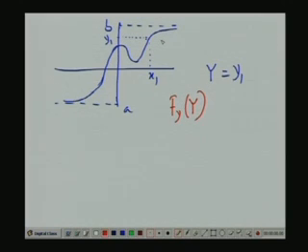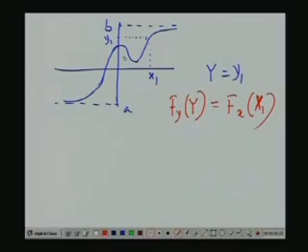This is very clear from the figure. So, that means this probability is nothing but this. But things may not always be so simple.